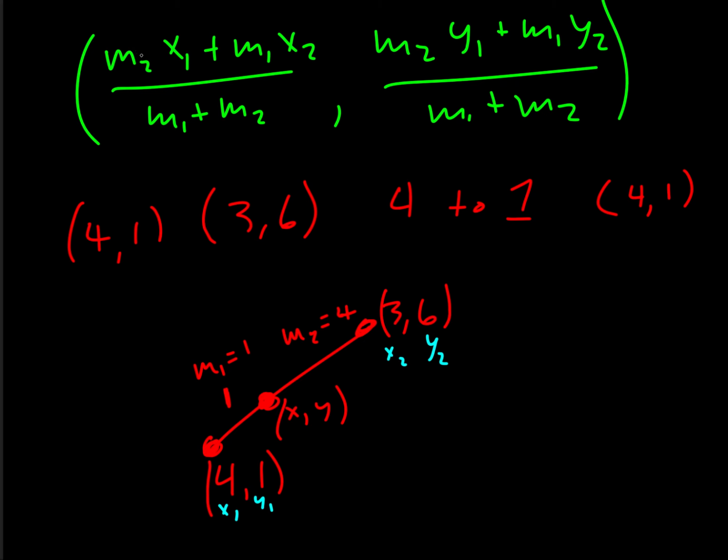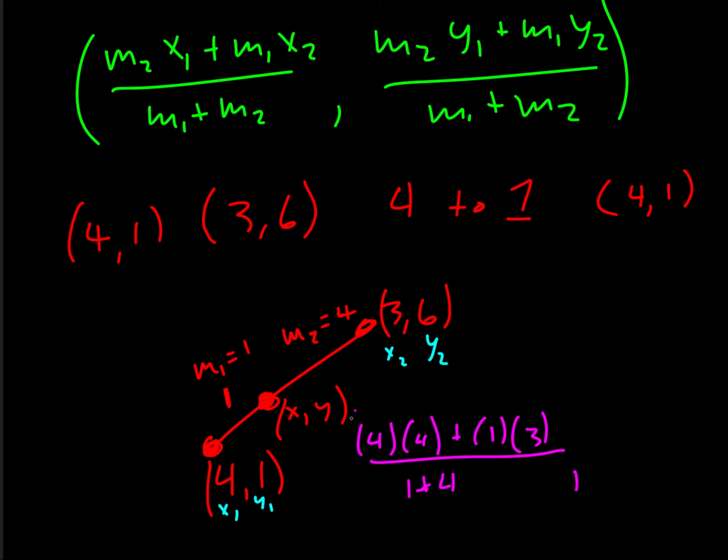So m2 is the first thing I do, so it's a 4. Then I times that by x1, which is also 4. Then I add m1, which is 1, times x2, which is 3. That's all divided by m1 plus m2, 1 plus 4.